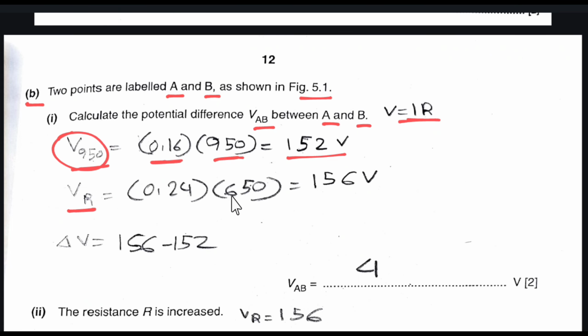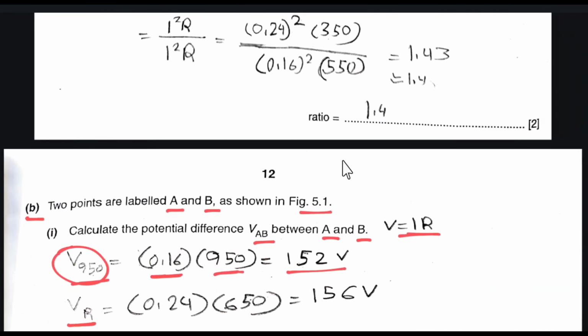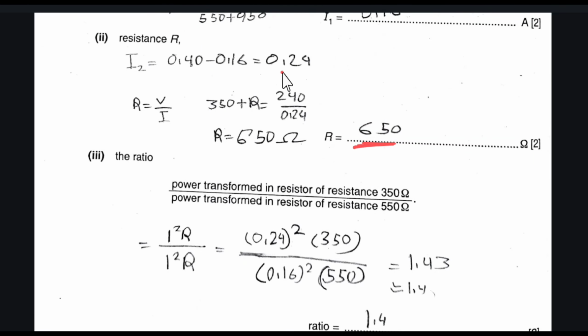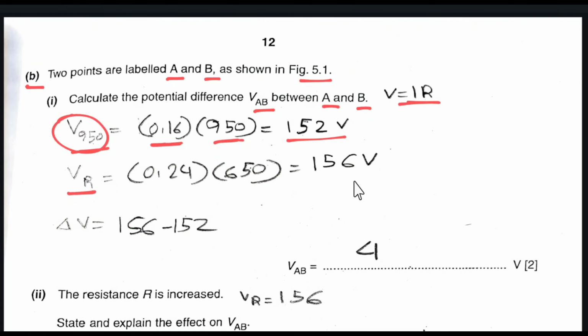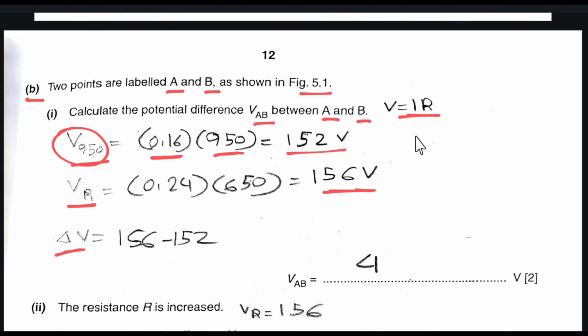Then at point B, we know that the resistance of R is 650 ohm, and we know that across R the current is 0.24. So its potential value is 156. So the potential difference between point A and B would be the higher potential minus the lower potential. That is this potential value minus this potential value, and the potential difference comes to be 4 volt.